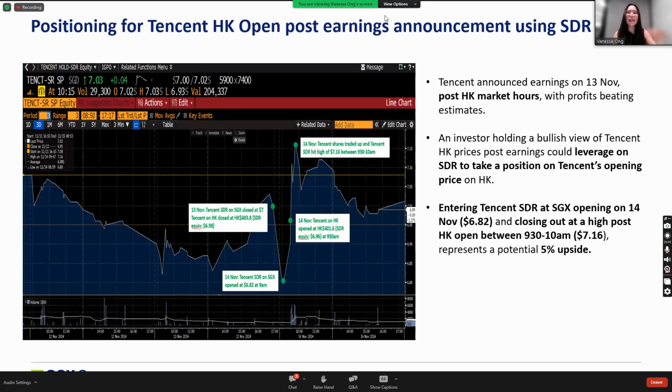And lastly, at 10 a.m., after the Hong Kong market opened, the Tencent shares actually traded up and hit a high of $7.16 to allow investors to generate an upside of 5% just within a short 1-hour window. So as you can see, entering the Tencent SDR at SGX actually allows investors to take a position on Tencent's opening price on the Hong Kong market and generate upside.